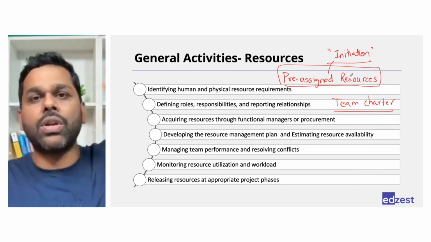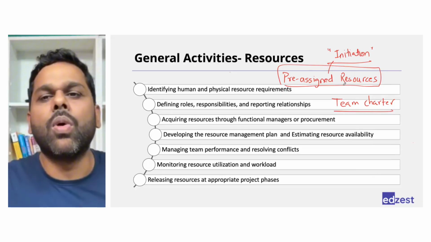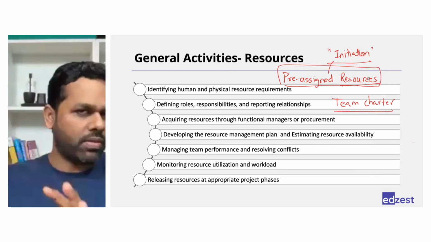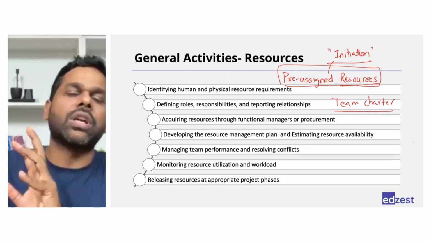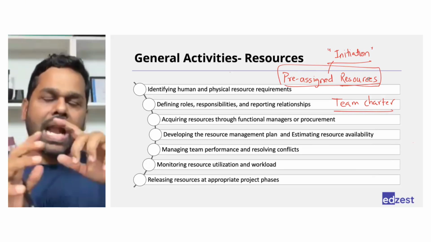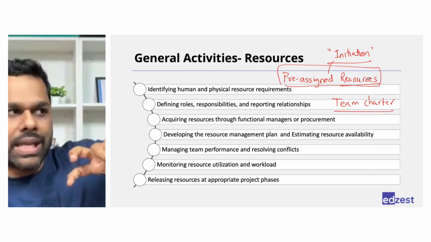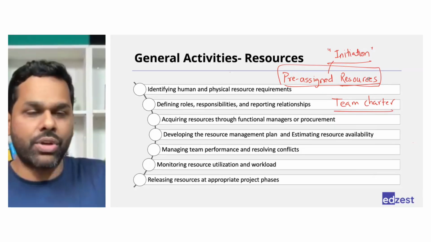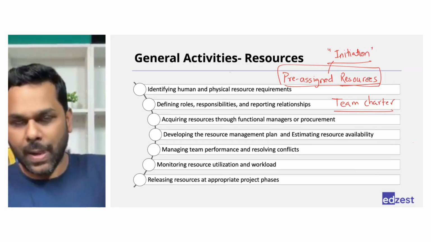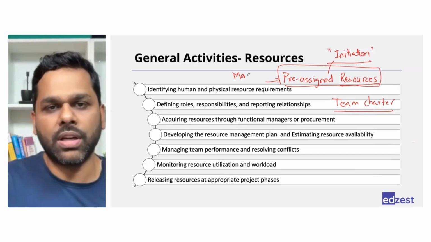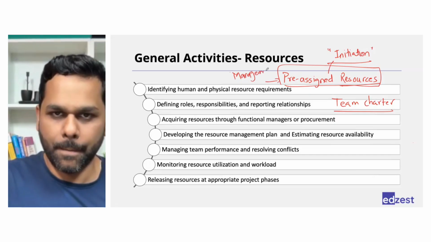So they have already told you that these are the people who will work with you. You cannot do anything about it. Ideally, you would want to understand what the work is and then hire the resources accordingly. But at the organization level, they have already hired some people. So whether they are an exact match for your requirement or not, they would still be a part of your project. Those are called pre-assigned resources, decided by the management of the organization.